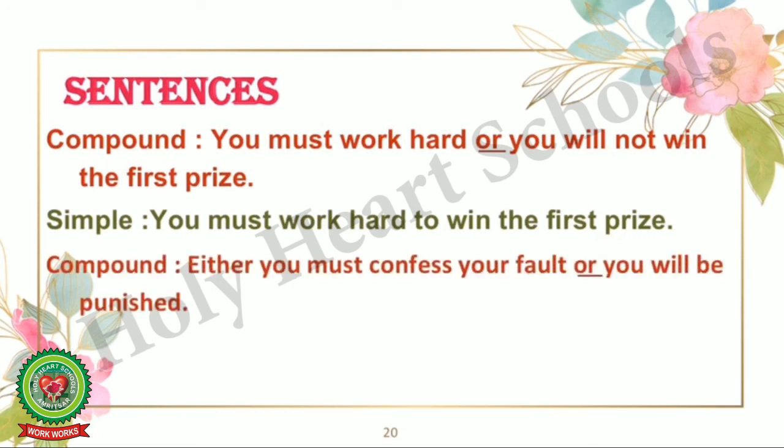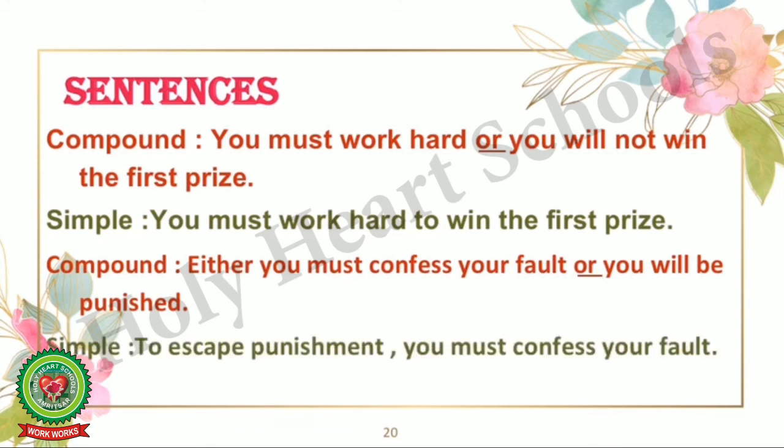Next is, either you must confess your fault or you will be punished. Here children, you can use the words to escape. So your answer will be, to escape punishment, you must confess your fault.